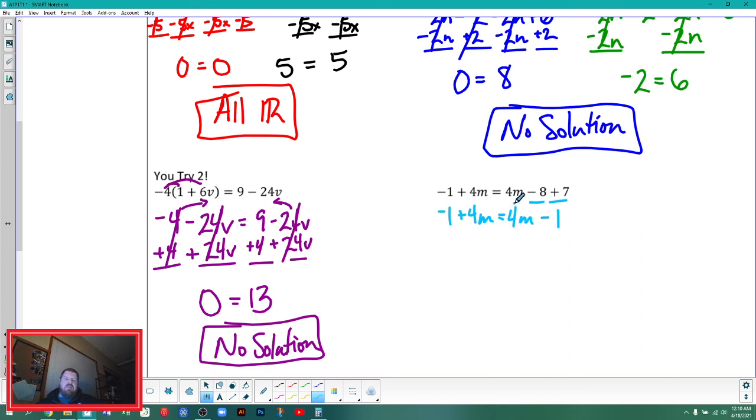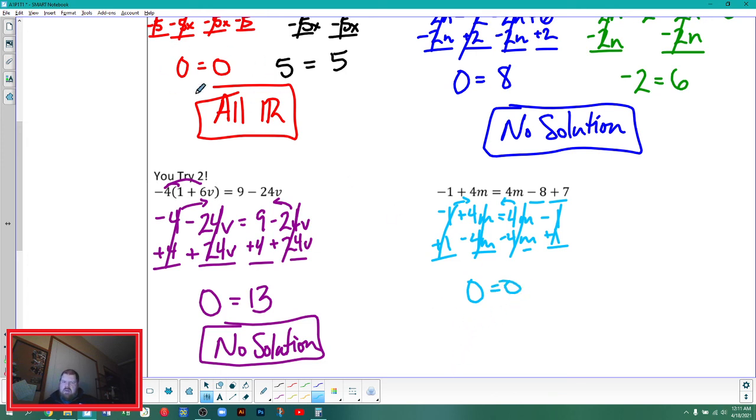So if I move my variables left and my numbers right, I'd do this. Add 1, add 1. And that cancels, that cancels, that cancels, and that cancels. Everything cancels out. Basically, that 0 equals 0.